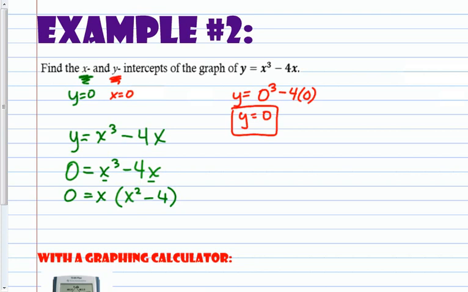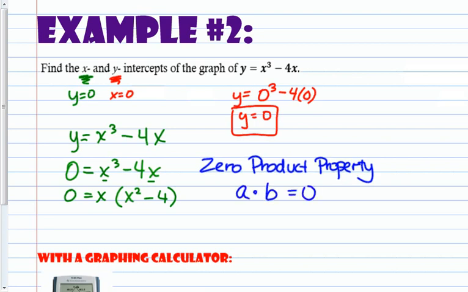Now, factoring out allows me to go ahead and solve this to figure out what x equals. And I'm going to use the zero product property. And again, this is just Algebra 1. And the zero product property states that if I have something times something and it equals 0, then logically, one of these somethings must be 0.